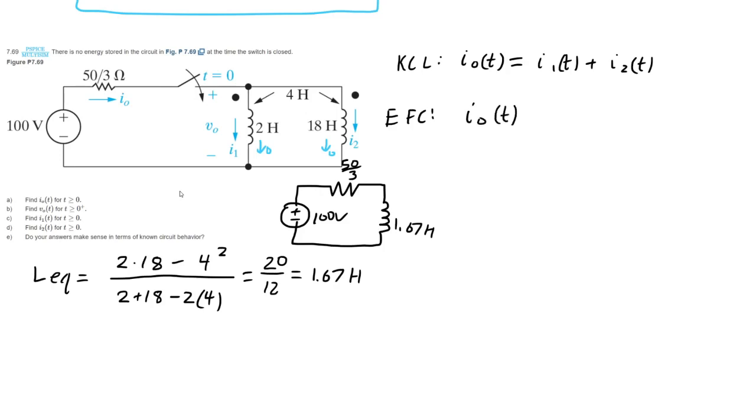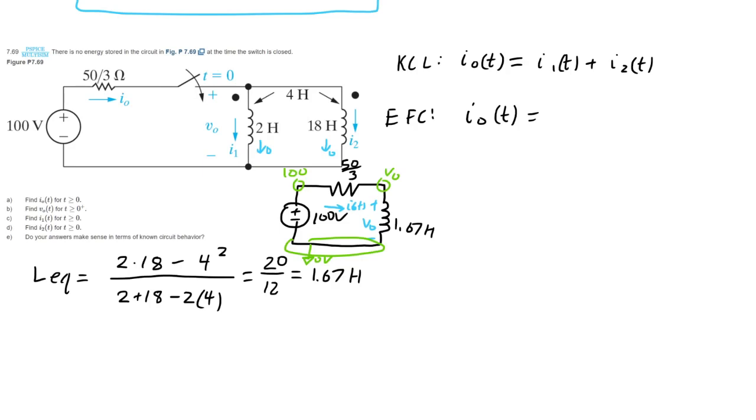IoT, let me just put these in just to make clear that I'm talking about those same voltages and currents. Nothing has changed other than I made an equivalency. So IoT is going to be, man, I'm getting really forgetful.